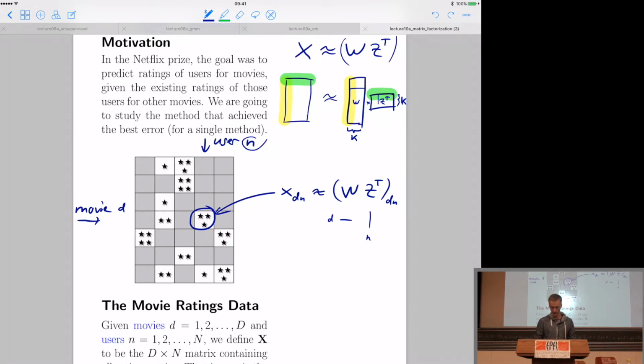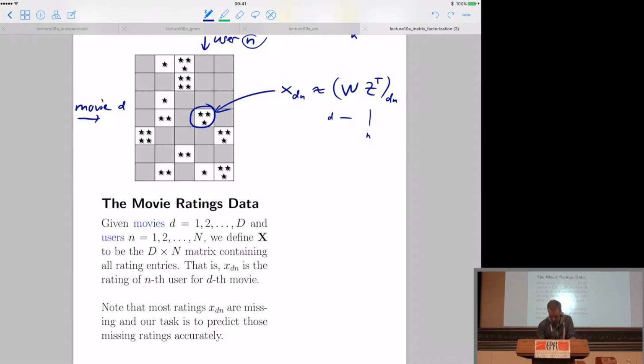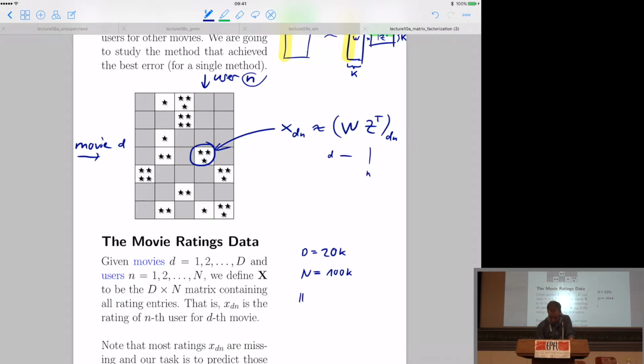So if this is only 30, but let's say you maybe have 10,000, what was it? They actually had 20,000 movies. They had, I think, if I remember correctly, 100,000 people, and then how many white entries which you observed? That's maybe a lot. I think they had 100 million, if I'm correct.